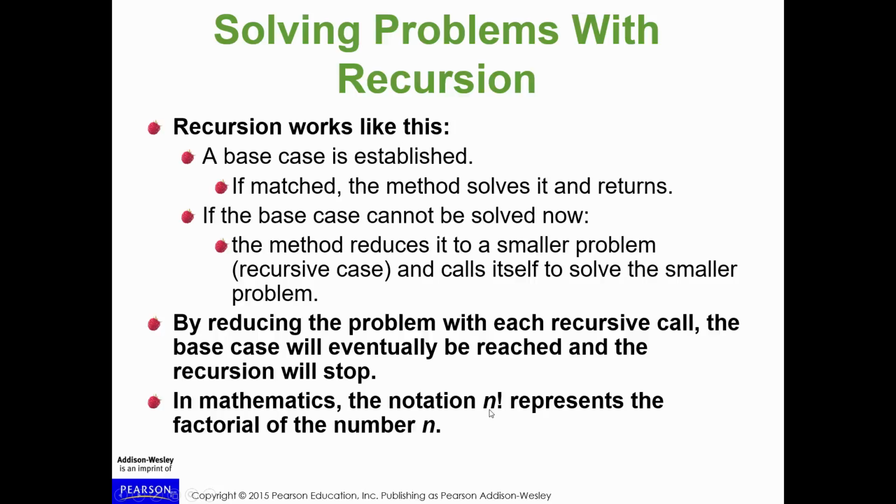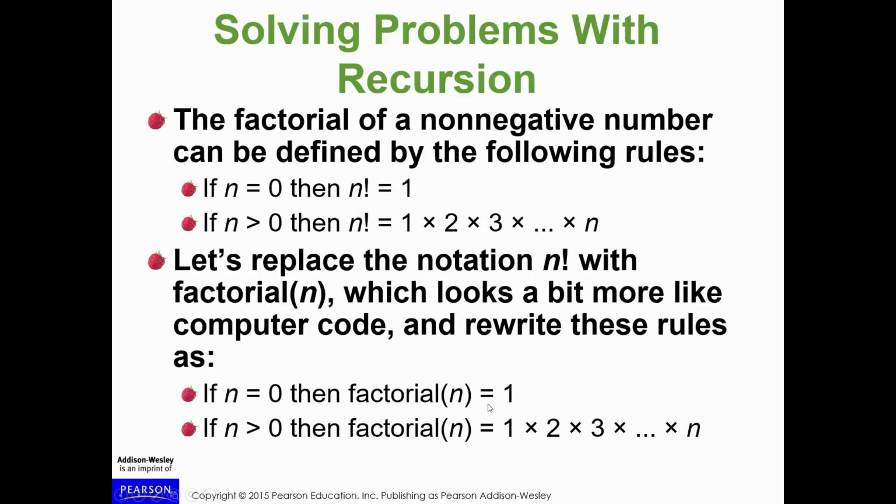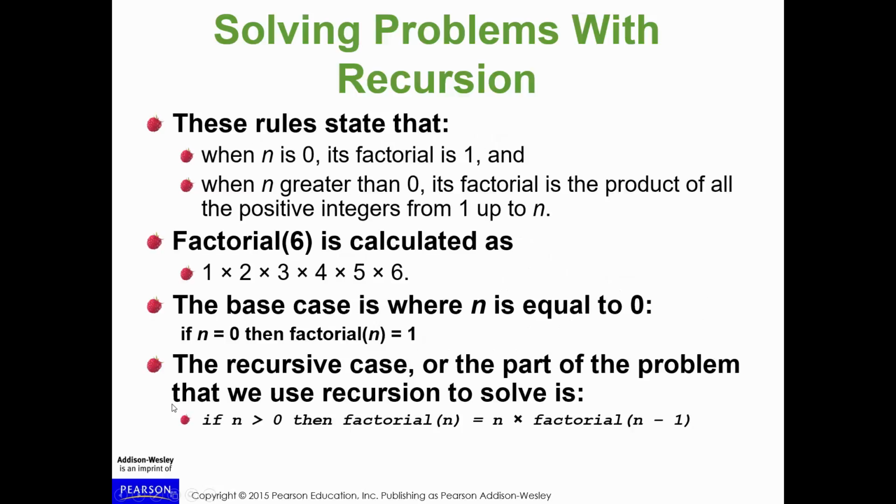In mathematics, as you know, they're talking about factorials. So I'm not going to sit there and go over this one with you because I already did. So really, this is backwards.